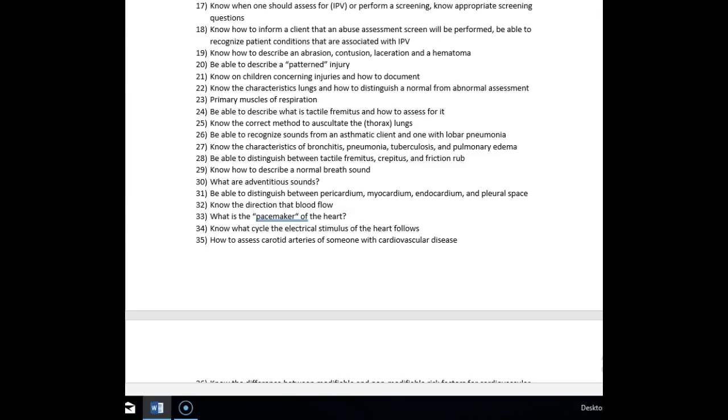Be able to distinguish between tactile fremitus, crepitus, and friction rub.